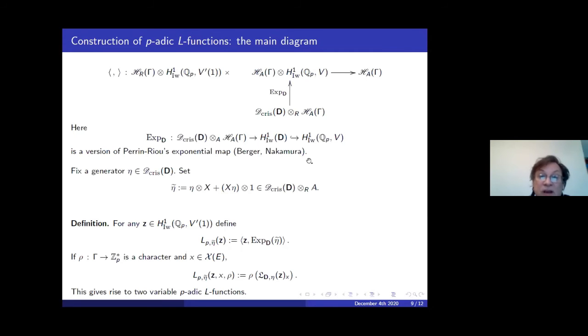This gives us some element in H A gamma. We can evaluate this element in characters, finite or infinite characters, in a trivial way, and this gives rise to two variable P-Adic L-functions.